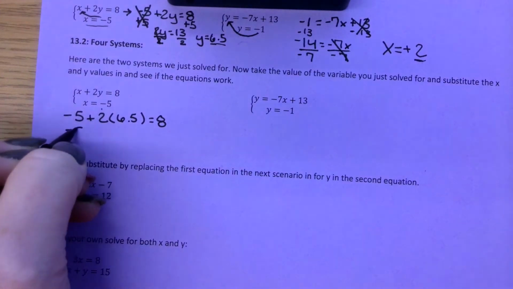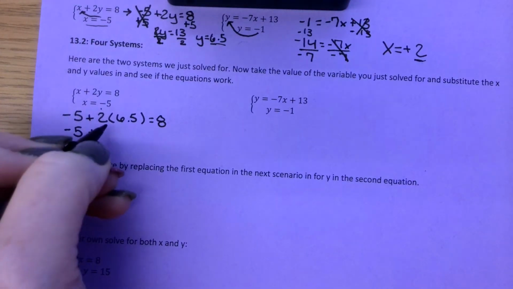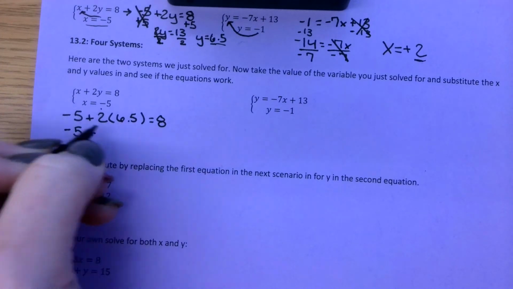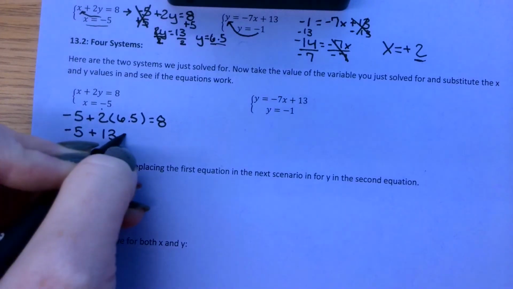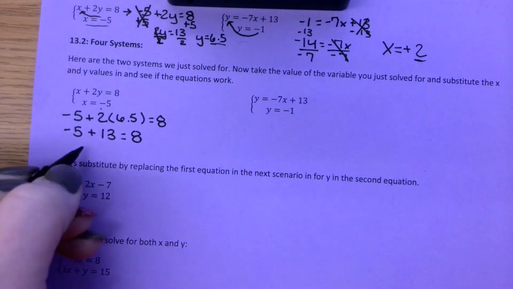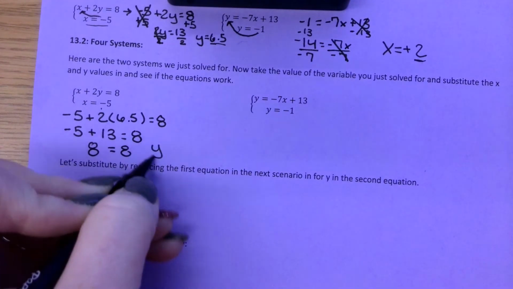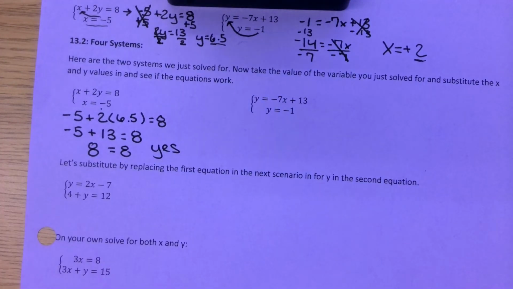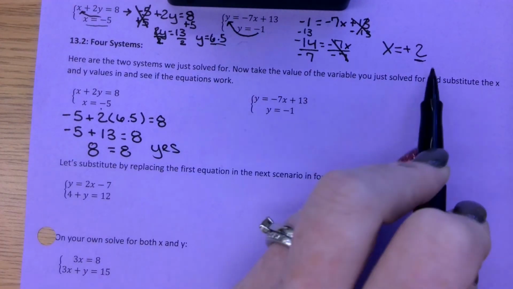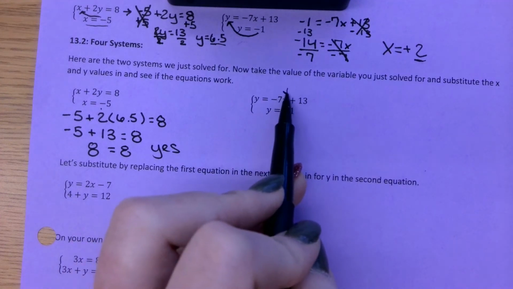So bring down that -5 plus 2 times 6.5. Well, use your calculator. That's going to be 13 equals 8. -5 plus 13 would get you a positive 8 equals 8, so that would be a solution. So we checked it, it works. Next, we're going to take what we solved for x up here and plug it in right here.